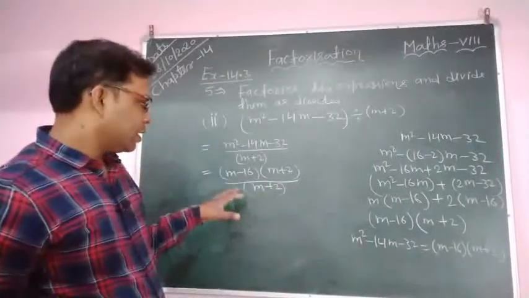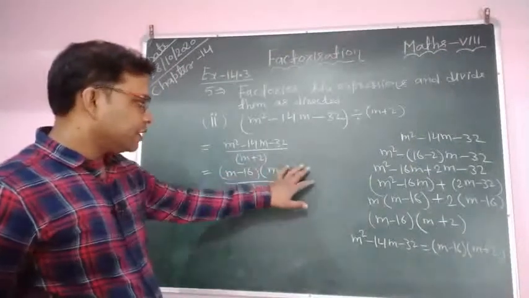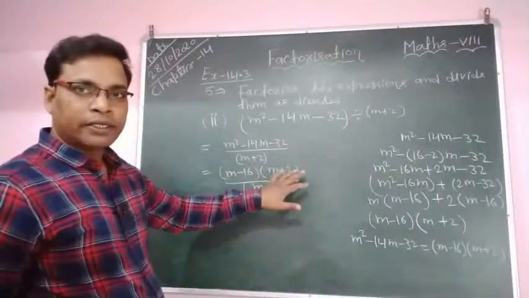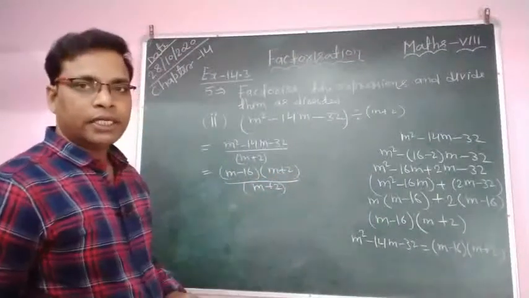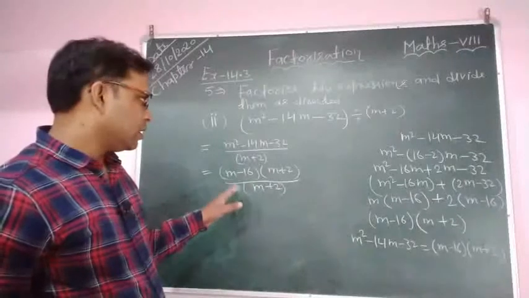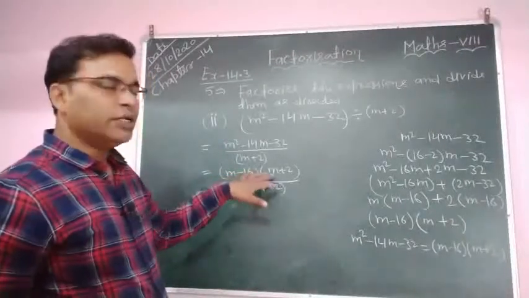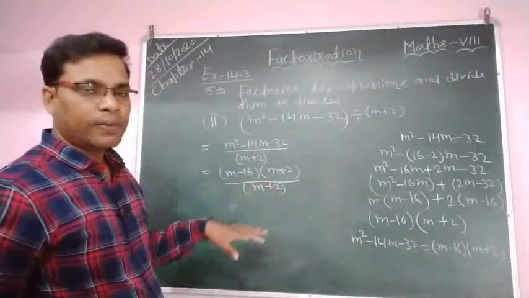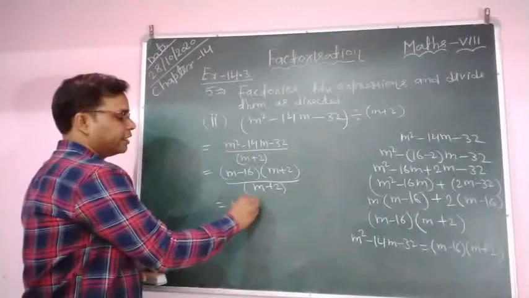Now you observe here that numerator and denominator both have a common factor. What is common between them? m plus 2. Then it will be cancelled, or you can see when you divide m minus 16 into m plus 2 by m plus 2, then we obtain m minus 16.